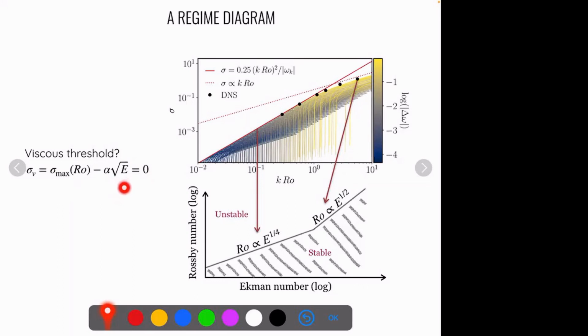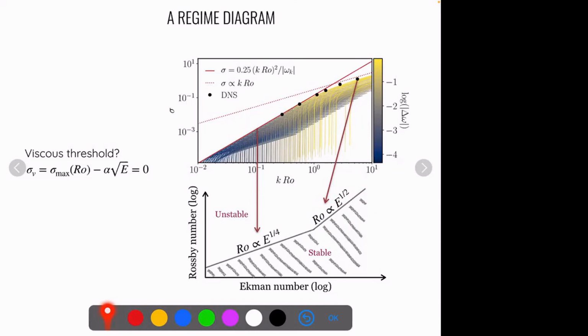Imagine a wall friction that has a square root of Ekman number dependence. So this Rossby squared law here gives you, when you do the balance, an Ekman 1/2 boundary between the unstable geostrophic mode and stable geostrophic mode when you plot the Rossby number as a function of the Ekman number, and Rossby proportional to Ekman 1/2 at larger Ekman and Rossby numbers.